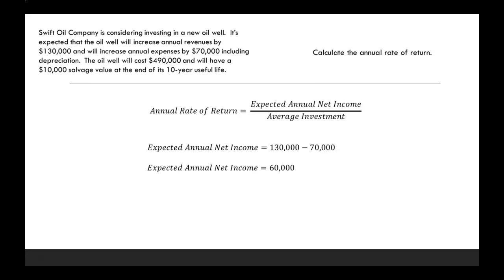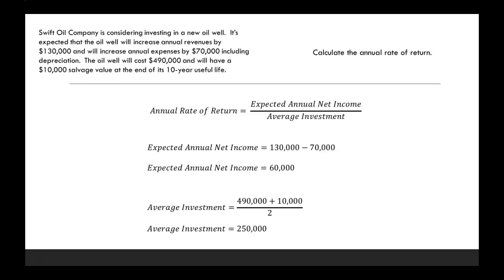So our expected annual net income is 60,000. Average investment, we take the cost plus salvage and divide by 2. So the cost is 490 plus the 10,000 salvage value. Divide that by 2 and your average investment is 250,000.